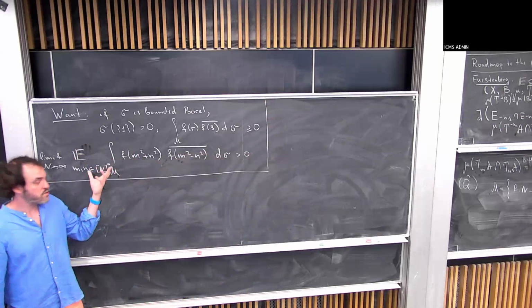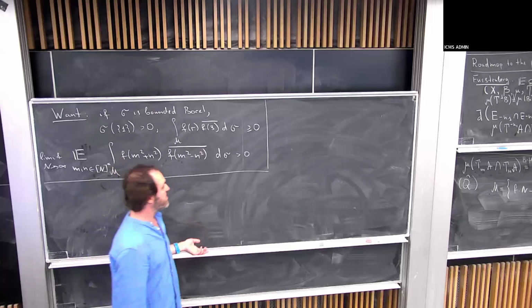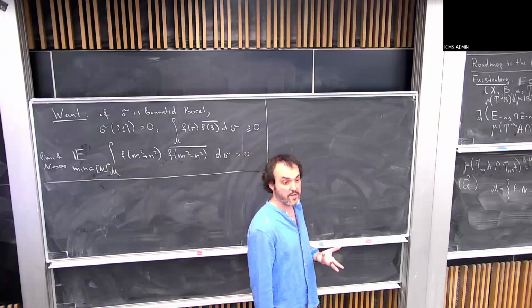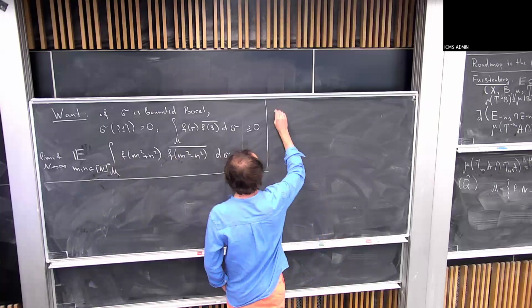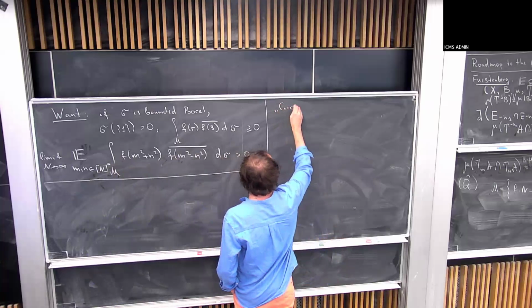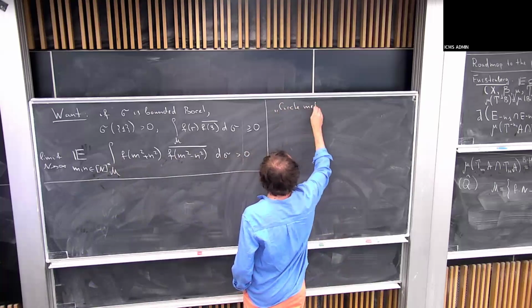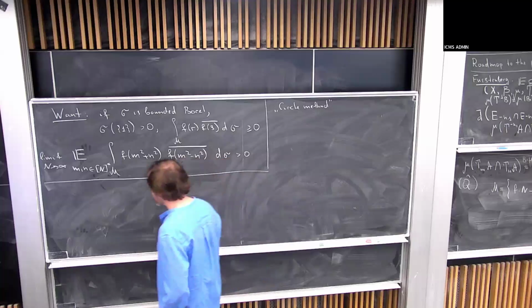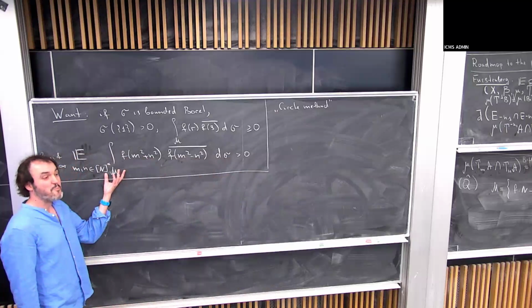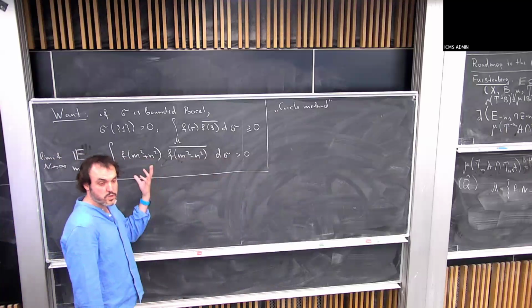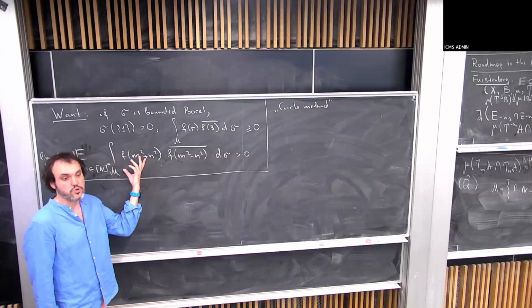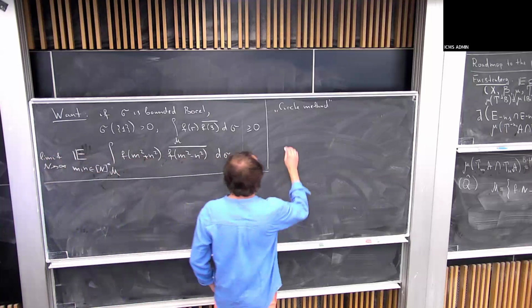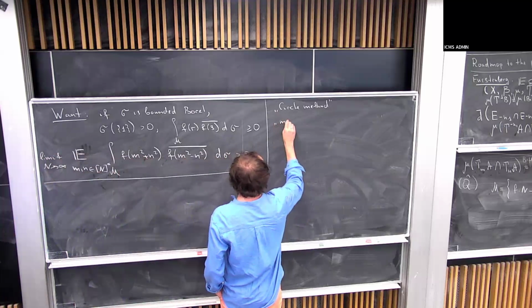If I want to understand an integral over some group, what one does, at least in analytic number theory, is use some type of circle method. Or you might want to hope for it. If you want to use the circle method, you need to understand what your major arcs are, which give you the main contribution, and what your minor arc is.